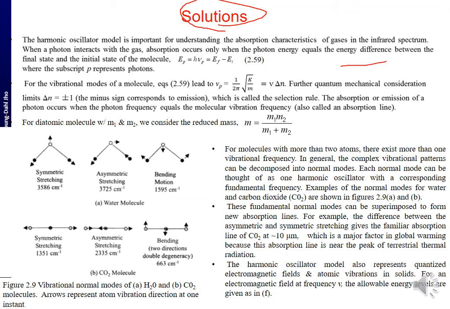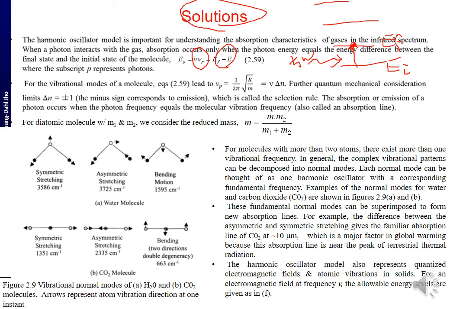So there are several energy levels. Let's say the molecule was originally at the initial state and it absorbed the light. It goes to a higher energy state.